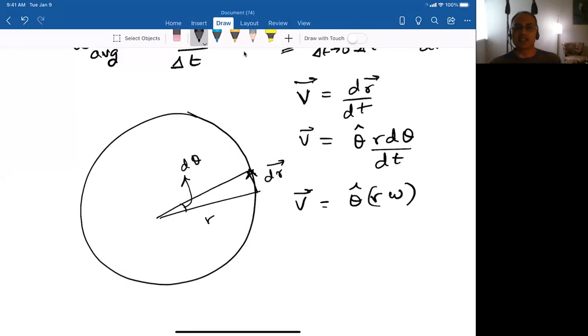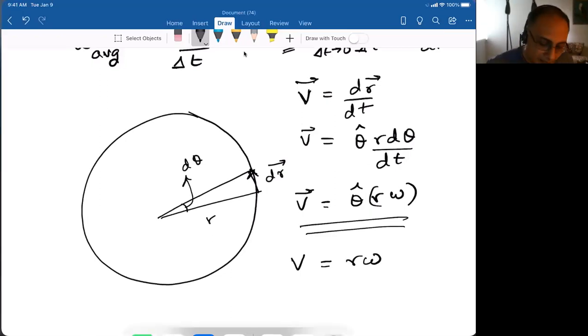It's in the tangential direction. This fact we had derived in other ways back in chapter 3. We knew that the speed of the particle as it's going around in a circle was r times omega, and we also knew that the velocity is in the tangential direction. We just derived the same result in a slightly more elegant way over here. That clear to all of you? So the velocity vector is theta hat times r omega, or the magnitude of the velocity vector, which is the speed, is just r times omega. Right?